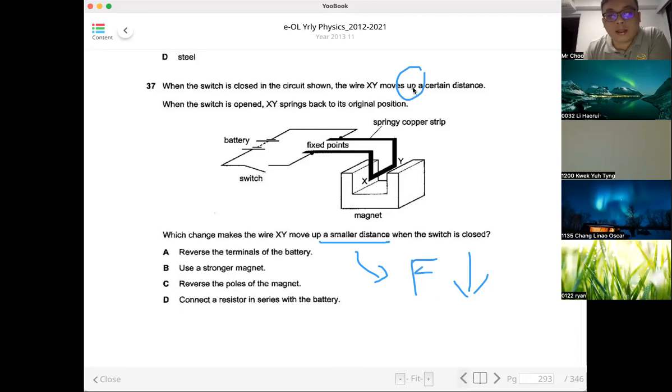So A is wrong. Same thing. If you reverse the pole of the magnet, it will also reverse the direction of the wire. So in this case, Oscar, use a lucky guess to reduce the force. Is the answer B or D?